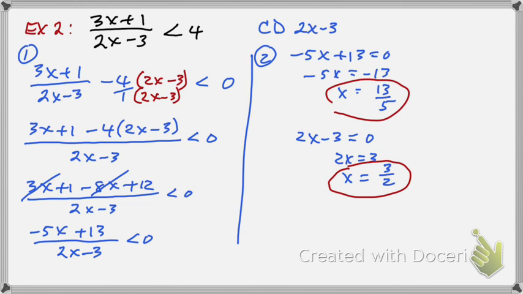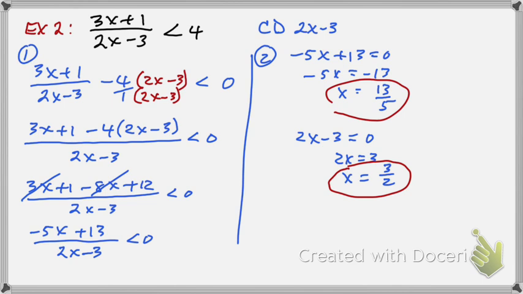Are there any values x can't be, just right up front? Well, I'll take the denominator and set it to 0 and see what value of x would give me a 0 there. 3/2. You're right. The exact thing we got here as one of our critical values. So I know that x can't be 3/2.